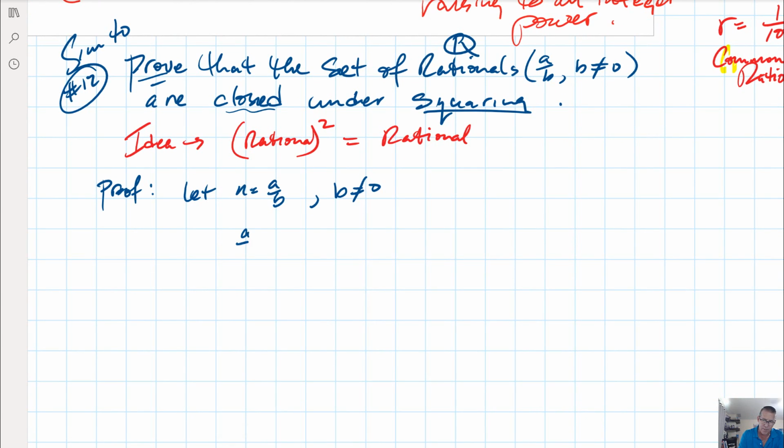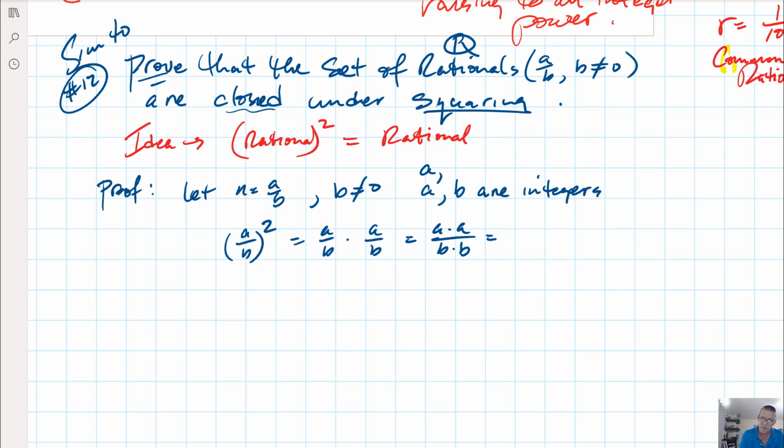So you take a over b, you square it. Well, that's a over b times a over b. Well, that's a times a divided by b times b. And remember, I've got to say this, a and b are integers.